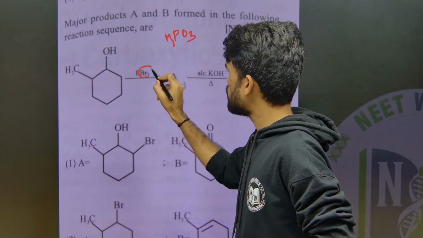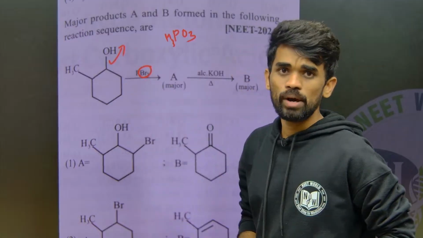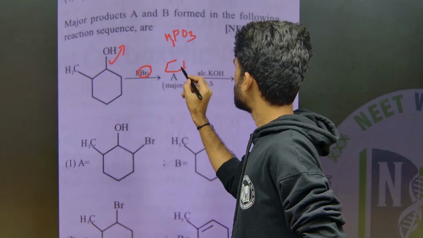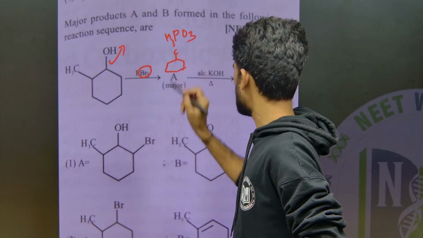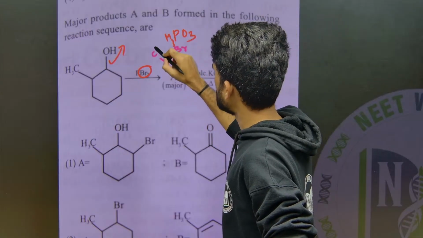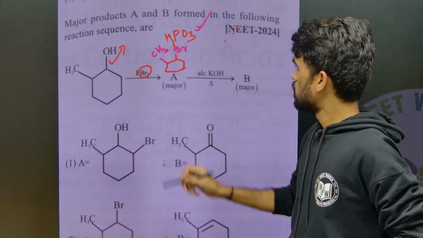So here, instead of chlorine, we have bromine. What you need to do is remove this OH group and replace it with bromine, so that we get Br here and a methyl group here. This is our product, and this is our byproduct.